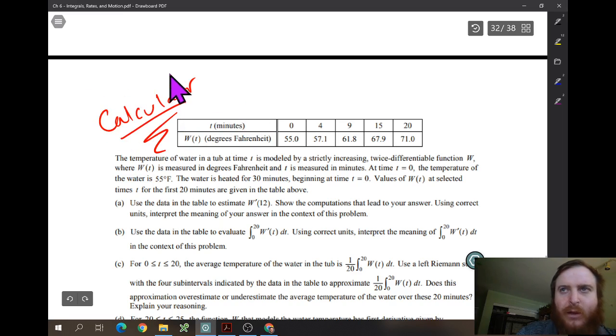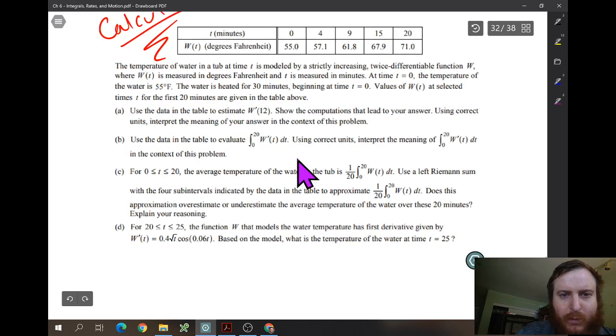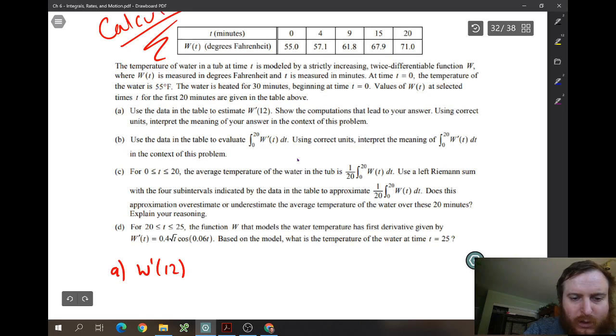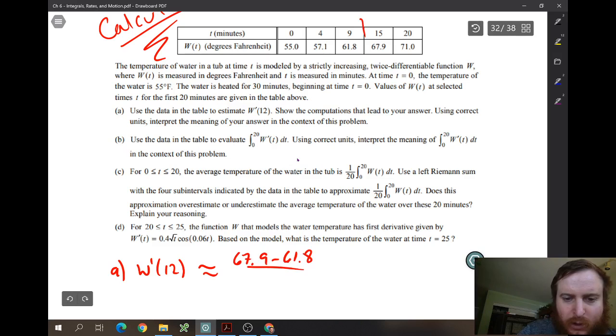I need to add in the little designation. So anyways, use the data in the table to estimate w prime of 12. So w prime of 12 is approximately 67.9 minus 61.8 over 15 minus 9. And that will be approximately, you can just use your calculator, 1.017.